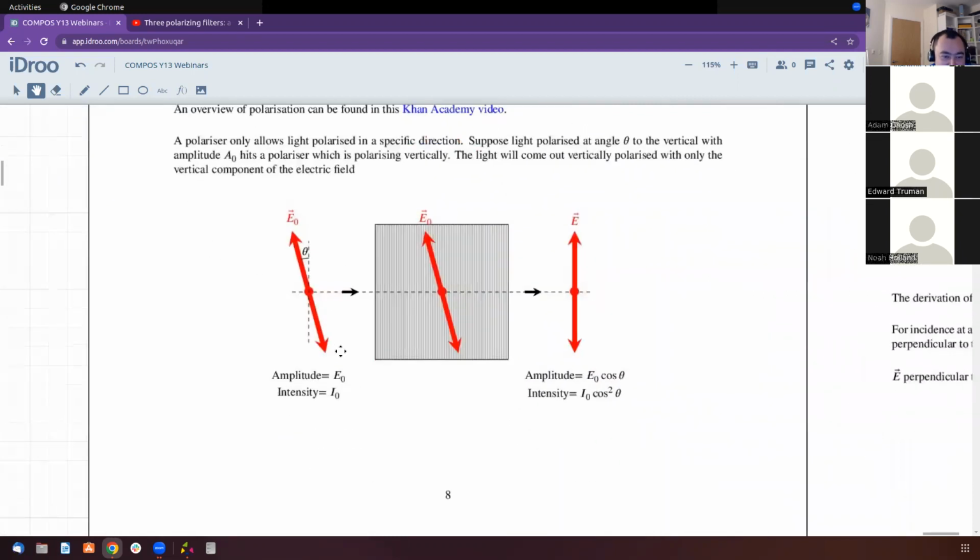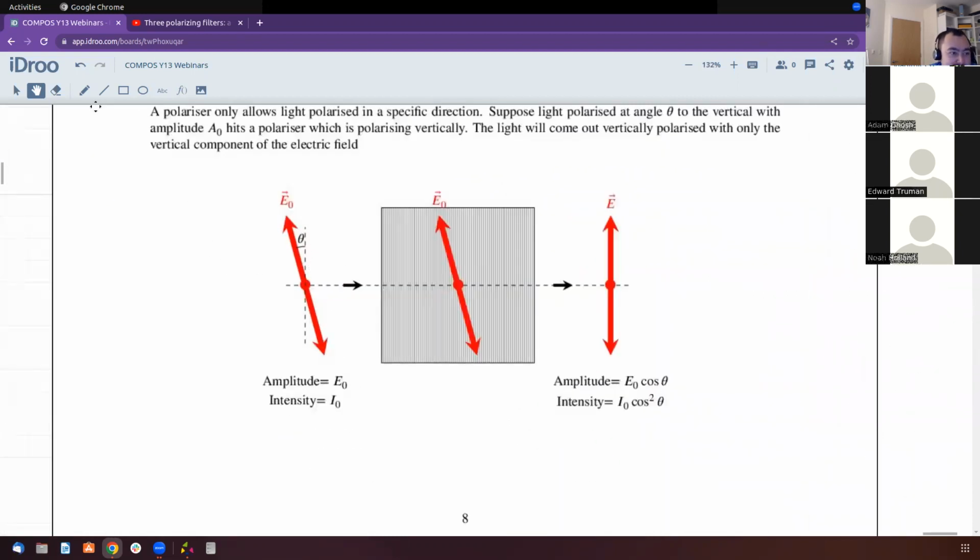Basically, let's look at a simple example. We have light polarized at an angle, falling onto a polarizer polarizing vertically. Coming out is light which is vertically polarized, because the polarizer only allows vertically polarized light through. What happens is the electric field is split into components.